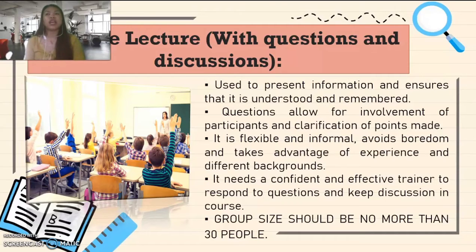This is inside the four corners of the classroom, wherein the trainer or the teacher is discussing, having a lecture, and also asking questions of you. The group size should be no more than 30 people. So ideally, when having a lecture, you must have a maximum of 30 people.